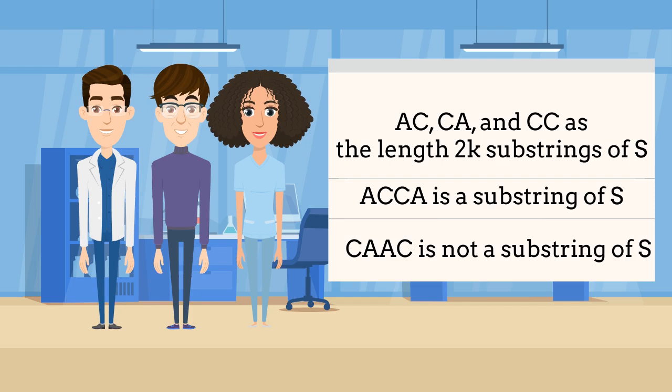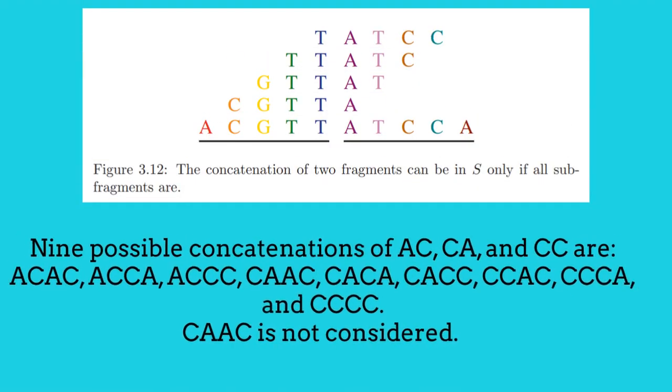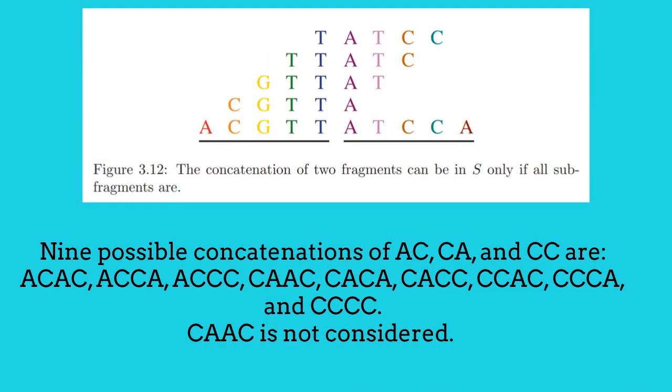But CAAC was not, since they didn't have AA as a substring of S. As shown in the figure, the 9 possible concatenations of AC, CA, and CC are shown in the text below. CAAC is not considered since AA at the center of the string is not present as a substring of S.